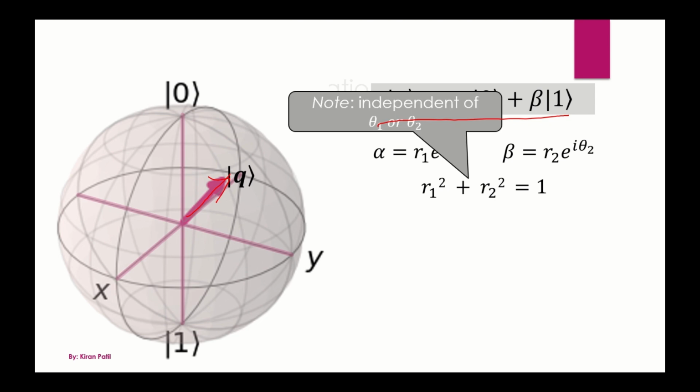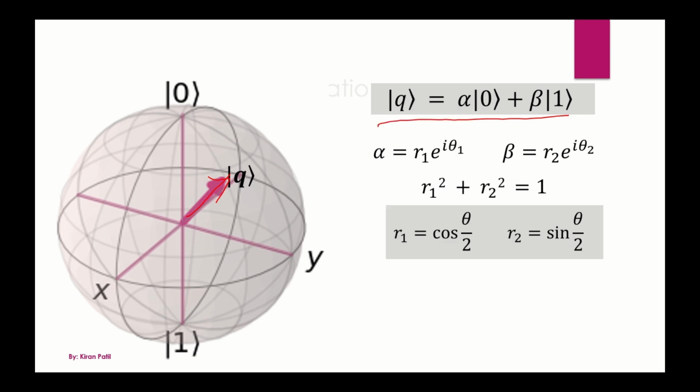So r1 and r2 are independent of theta, and r1 square plus r2 square is equal to 1, which is a normalized state, where the value of r1 is cos theta by 2 and the value of r2 is sin theta by 2, where theta is the angle between the qubit and a basis vector.